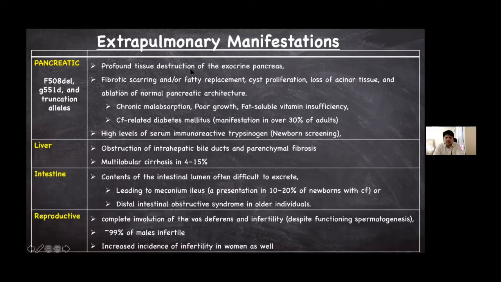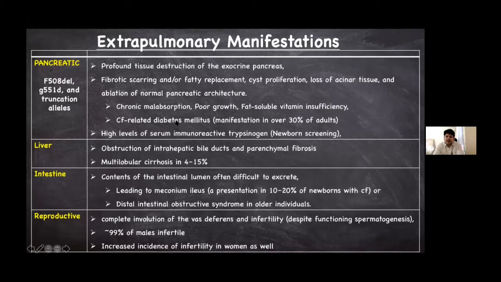Ultimately, all this will result in exocrine pancreatic insufficiency, with chronic malabsorption, poor growth, and fat-soluble vitamin insufficiency. This will be the presentation in a pediatric child who has malabsorption along with failure to thrive or poor growth and fat-soluble vitamin insufficiency.